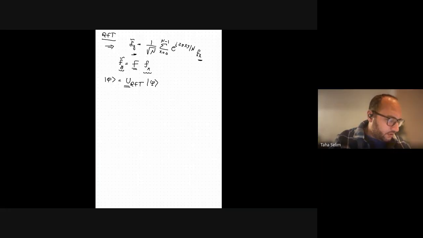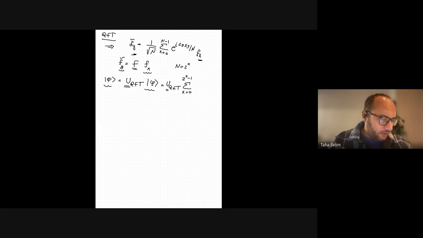So we transform our state from this representation to another representation phi. This means that we have U QFT, the matrix, with x running from 0 to 2 to the power n minus 1, where n is the number of qubits.